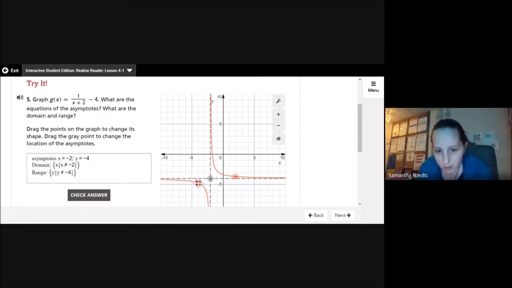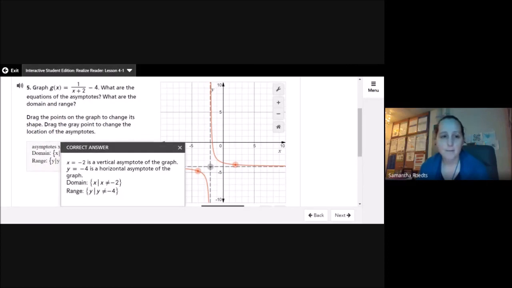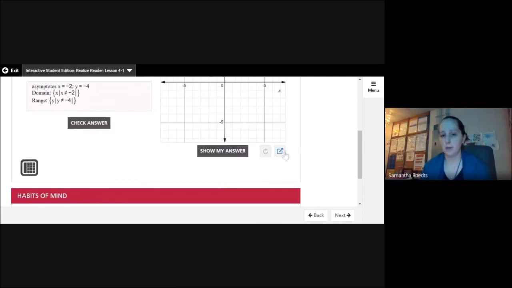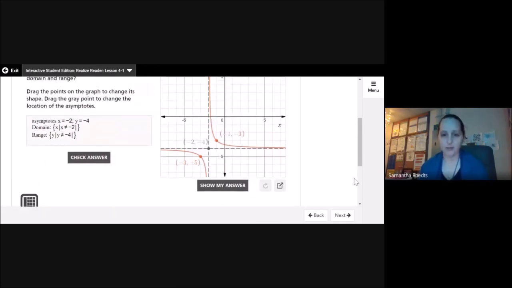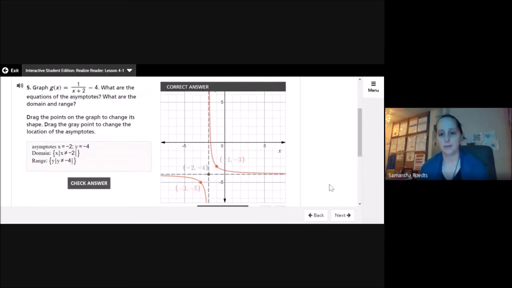Here, it's about right there, somewhere close to that. So x is negative 2, y is negative 4, horizontal and vertical asymptotes. Domain, x can't be negative 2. Range, y can't be negative 4, and then, of course, my graph. Here are my values. Again, you can use whatever values you want.